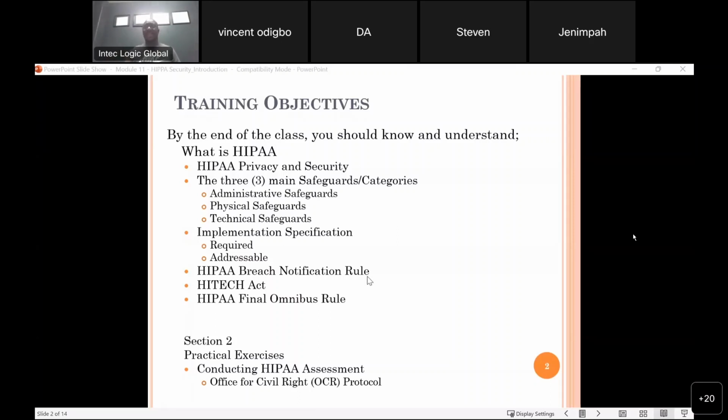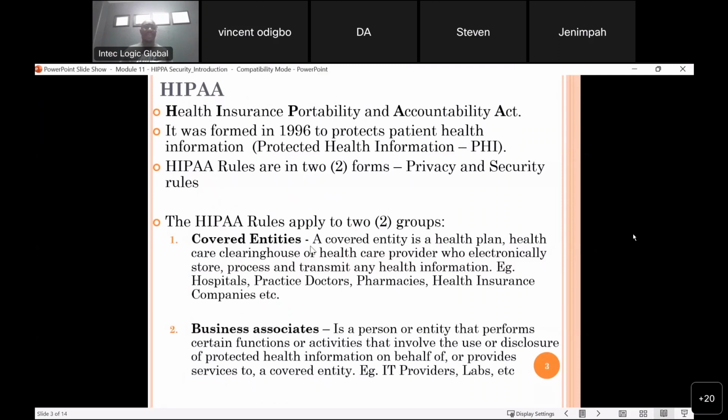Then the second part, on Wednesday, is going to be the practical session, where we'll learn how a HIPAA security assessment is performed. It's going to be an interesting session. Those of you who are so interested in the healthcare area, this is the area we are starting now. Good, so let's start.